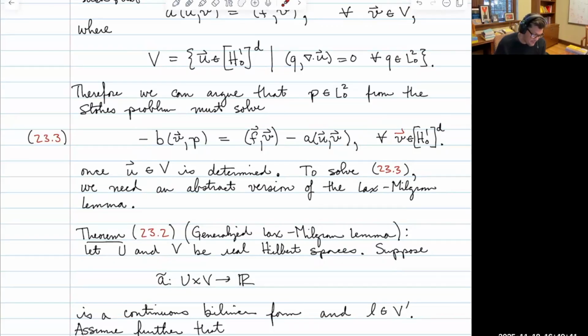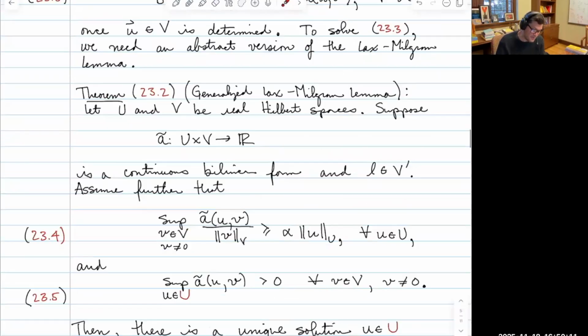What's to notice about this equation is that the test function space and the solution space are not the same. So this is a special type of what's called an asymmetric problem. But you can still, under certain circumstances, show that a problem of this type has a solution.